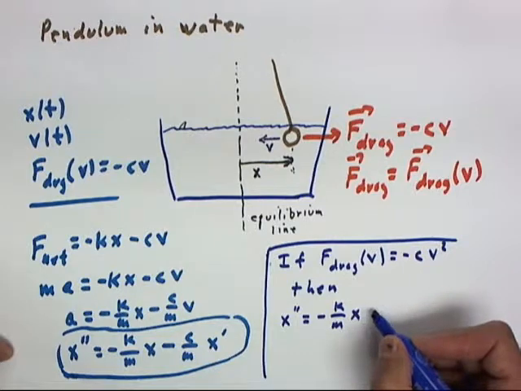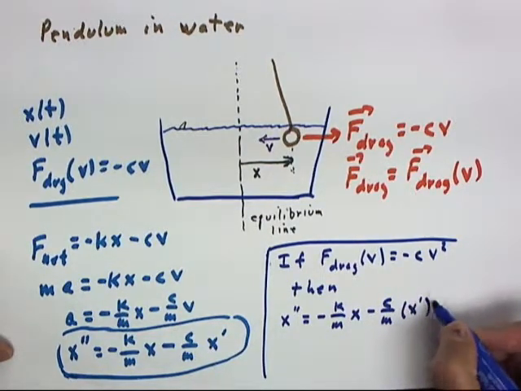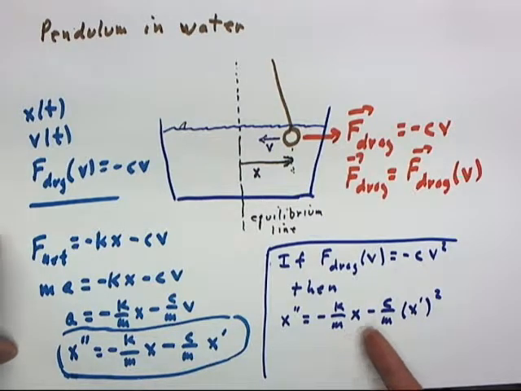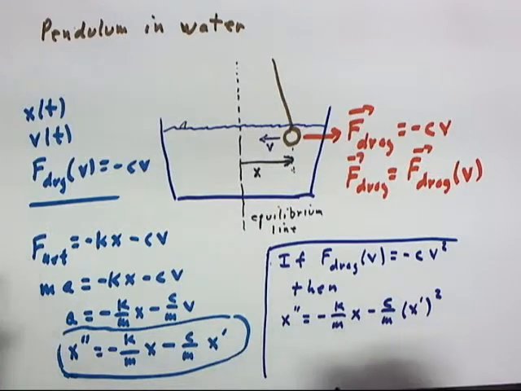And we would have the equation x double prime equals negative k over m x minus c over m x prime squared.